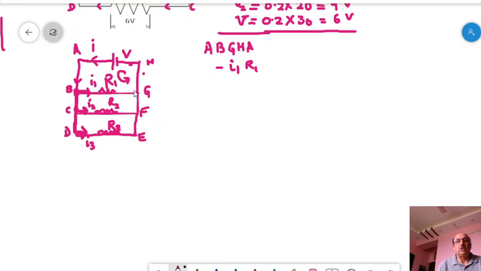Then we reach here G, H, and then we are coming from H to A. The appliance is V, and we are moving from lower voltage to higher voltage at this time. So it is plus V is equal to 0. So V is equal to I1 R1, or I1 is equal to V by R1.